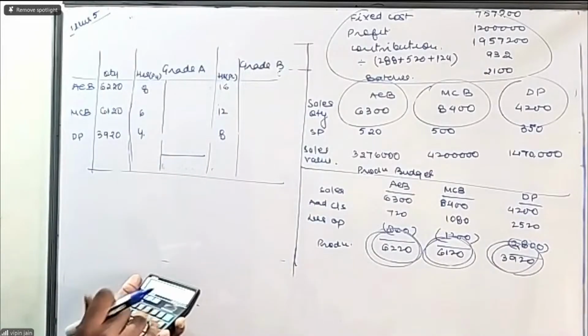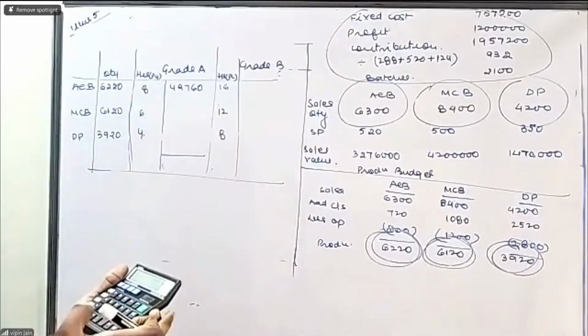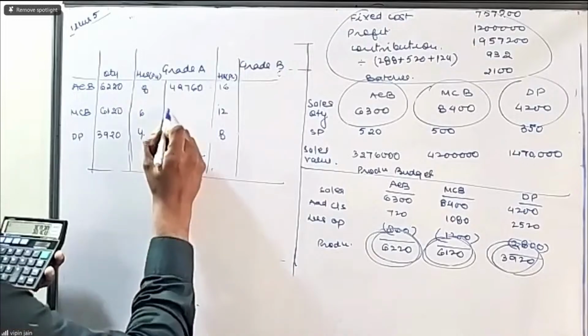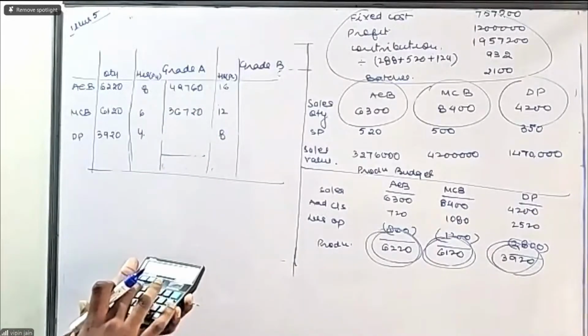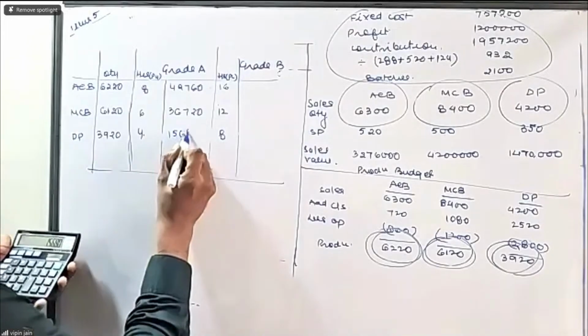So 6,220 into 8, 49,760. 6,120 into 6, 36,720. And 3,920 into 4, 15,680.